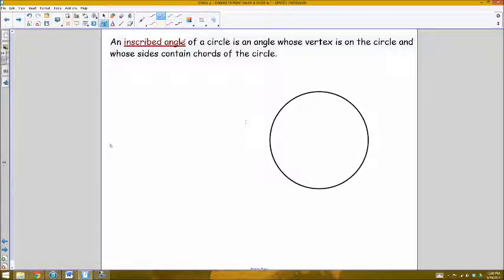So an inscribed angle is an angle whose vertex is on the circle and whose sides are made up of chords. So for example, that would be this. I'll call this A, C, B. So angle ACB is inscribed.